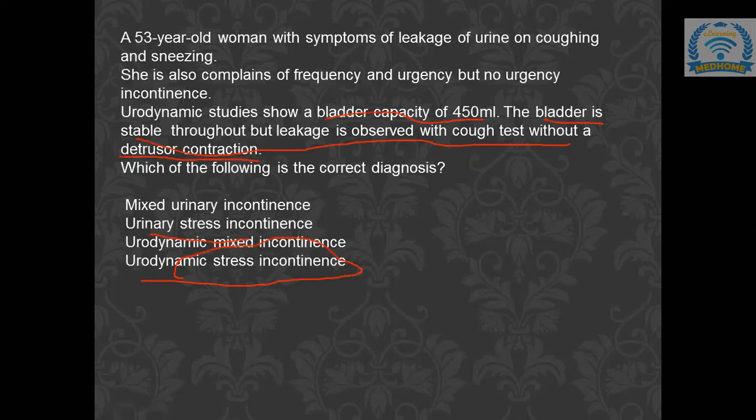Can I add one point, ma'am? I'm not 100% sure, but somewhere I've read that the capacity is 500, but 400 to 600 is considered the normal range.